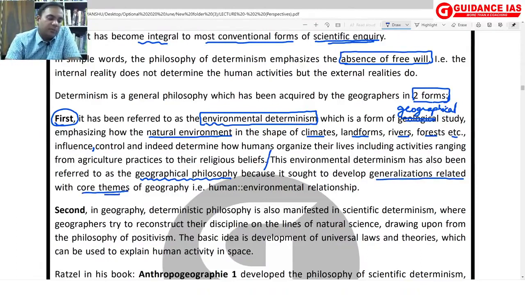And what was the core theme of geography? The human-environment relationship was essentially the core theme of geography. Okay?